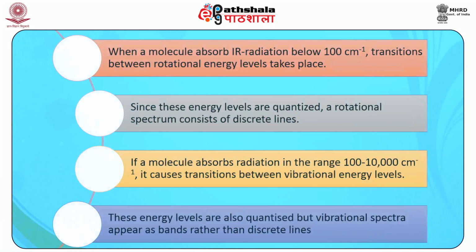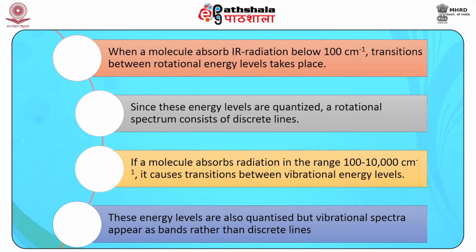Since the absorption of infrared radiation leads to transition between vibrational and rotational levels, as I have already told you, it is also known as vibrational rotational spectroscopy. Now, when a molecule absorbs IR radiation below 100 centimeter inverse, transitions between rotational energy levels take place. Since these energy levels are quantized, a rotational spectrum consists of discrete lines.